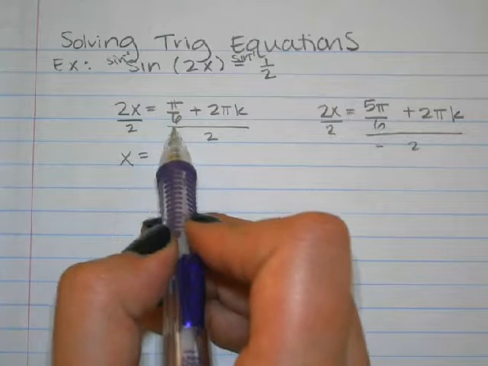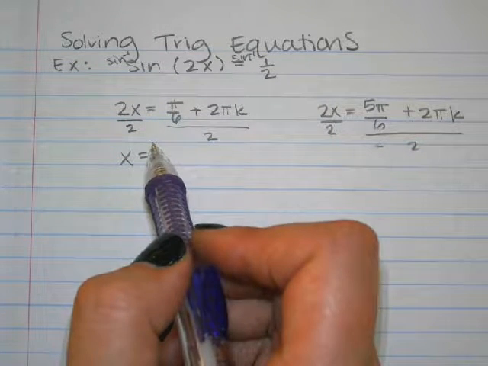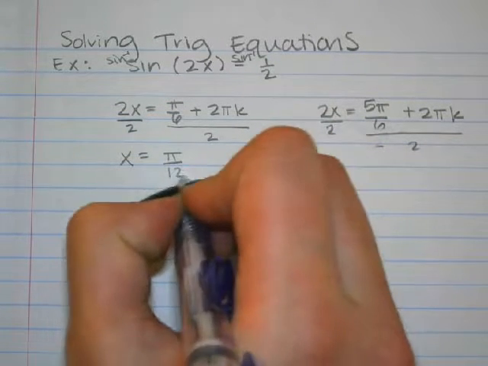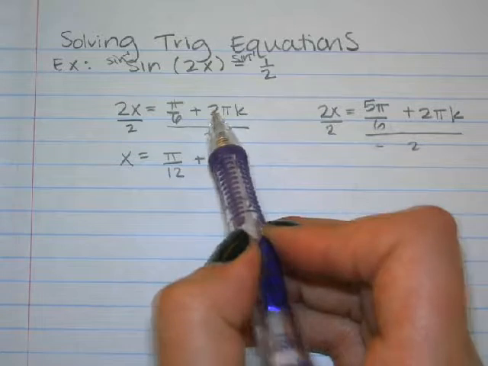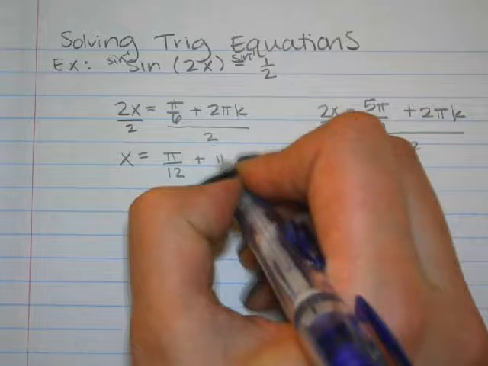If I had pi over 6 and I divided it by 2, it becomes pi over 12, plus, if I have 2 pi k and I divide by 2, pi k.